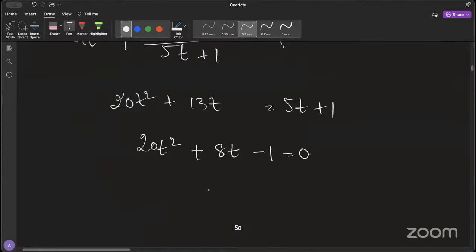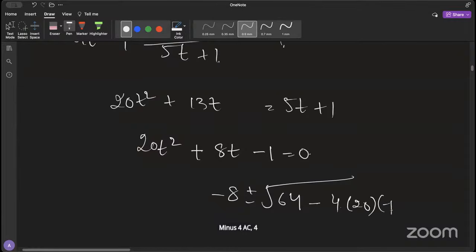So if we solve it, we'll have minus 8 plus minus square root of b square, 64 minus 4ac, 4 times 20 times minus 1. So this is going to give us plus 80, divided by 40.